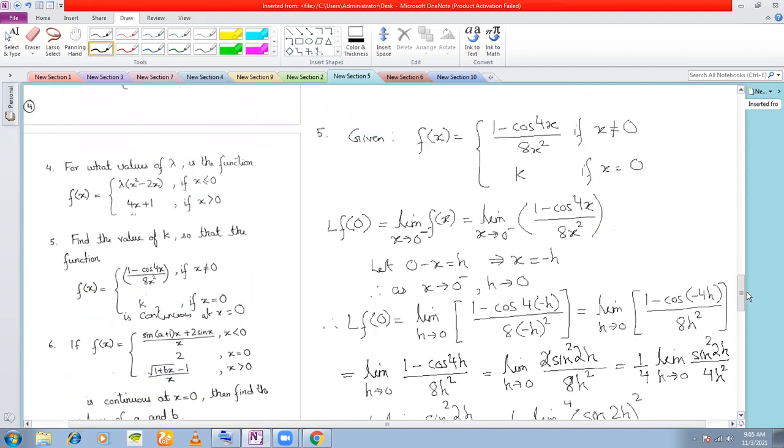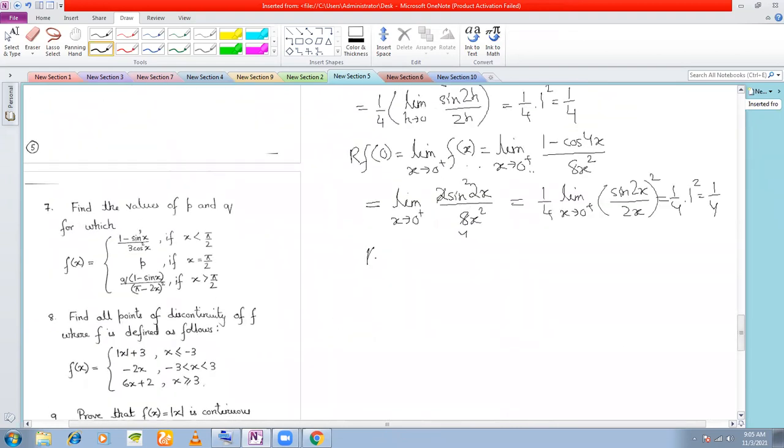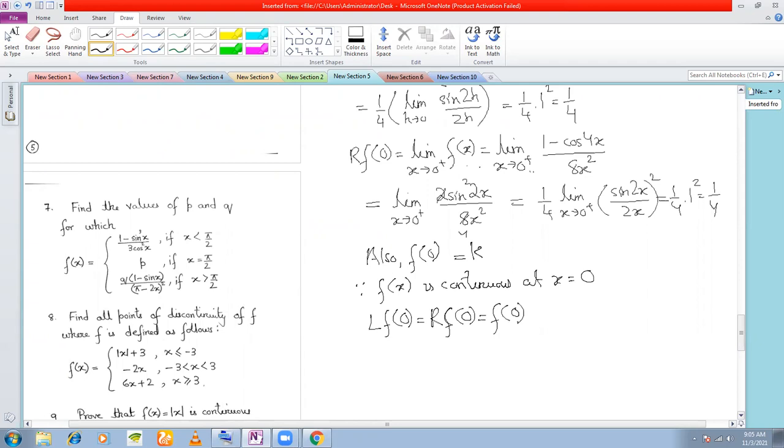Now, what is the value of f(x) at x is equal to 0? F(0) here is equal to k. Since f(x) is continuous at x is equal to 0, left hand limit must be equal to right hand limit, must be equal to the value of the function at x is equal to 0.